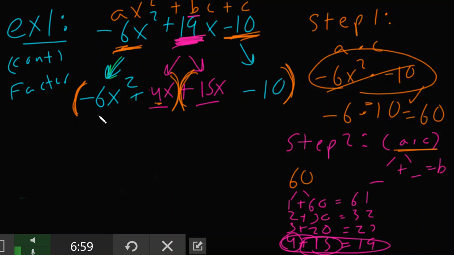I put the 4 with the 6 because I know that 6 and 4 can both be divided by 2, and I put the 15 with the 10 because I know that they can both be divided by 5. Now, theoretically, I could have put the 4 with the 10, and they could have both been divided by 2, and I could have put the 15 with the 6, and they could have both been divided by 3. In this particular case, there's the potential for us to come out with two separate types of factorizations, potentially.